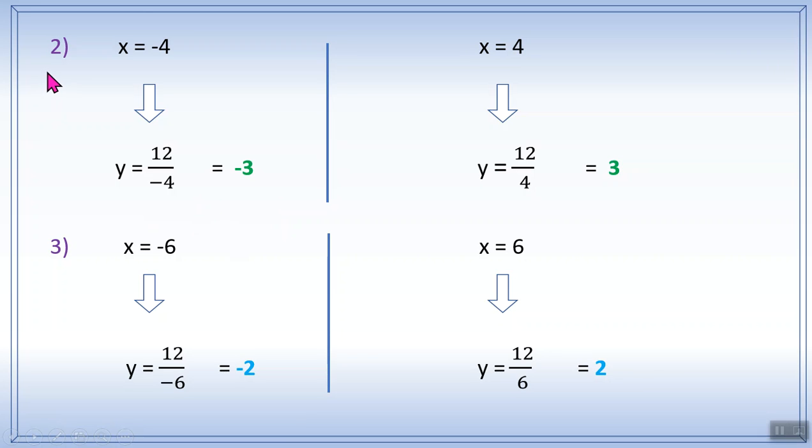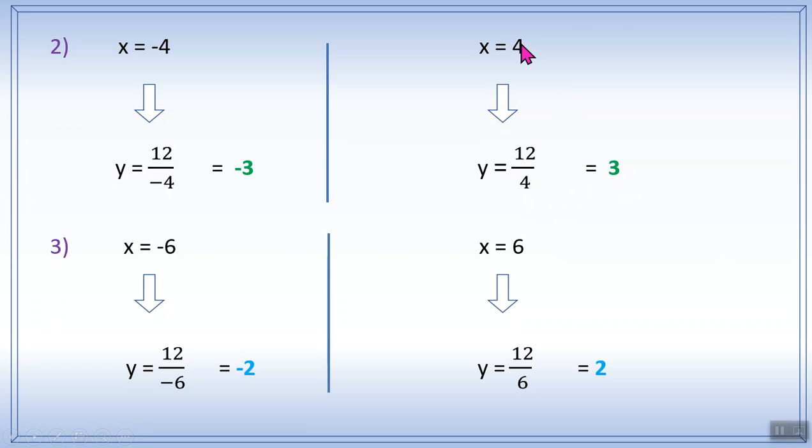Okay, number 2, we chose here negative 4 and 4 as values of x. So we took negative 4 and we replaced x by negative 4. So 12 over negative 4 is equal to negative 3. So when x is equal to negative 4, y is equal to negative 3. Now when x is equal to 4, replace x in the equation by 4. 12 over 4, we get 3.